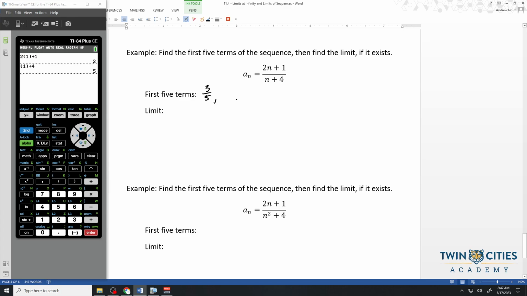Okay, my second term, plug in 2. Let's do it this way, just change this to a 2 here, and then change this to a 2 there. And I can see my second term would be 5 over 6.